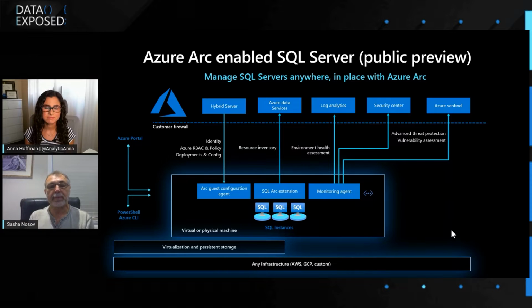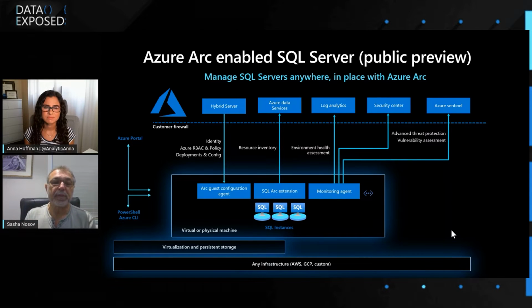It could be AWS Cloud, a Google Cloud, custom data center. You can use a virtualization layer if your current setup leverages some virtualization control plane. Or you can install SQL Server on physical machines. It doesn't matter. We support either option.